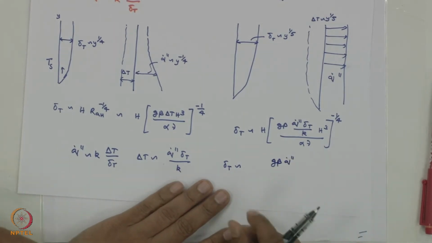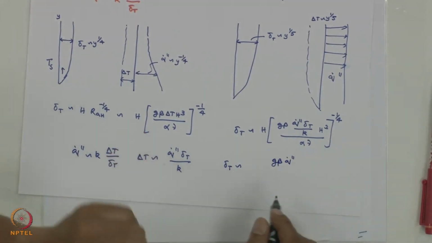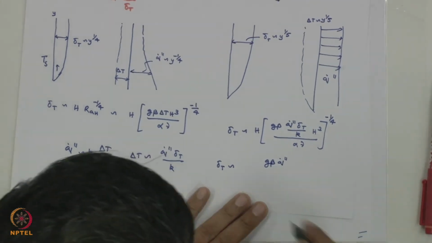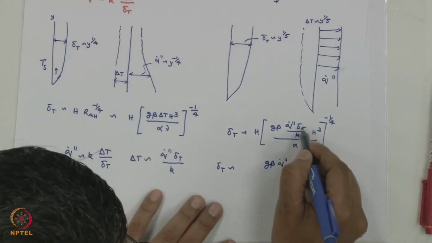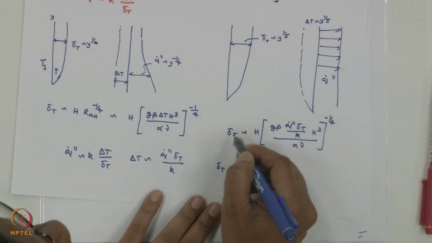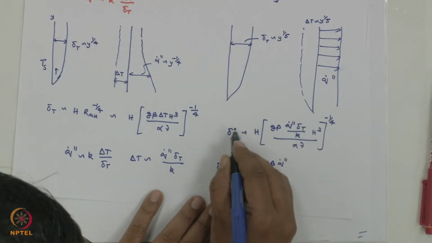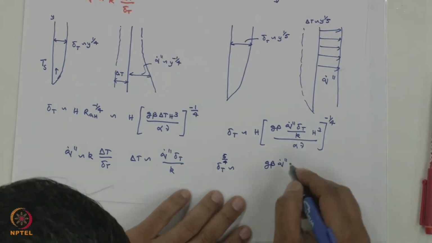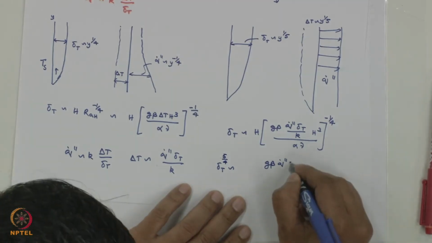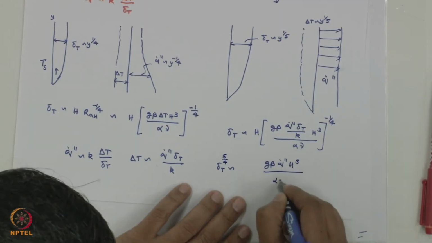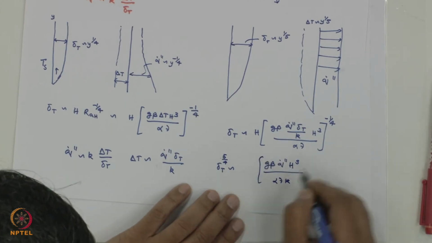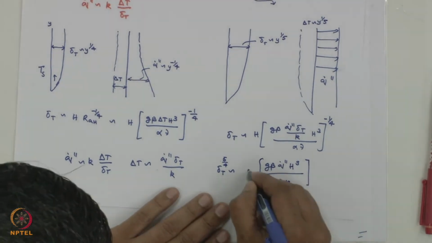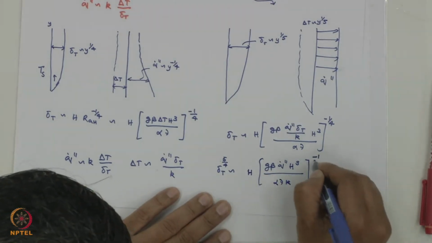What is delta T? Delta T is nothing but my H. So you have Q double dash, this is delta T to the power of minus 1 by 4. If I pull this side, it becomes plus 1 by 4. 1 plus 1 by 4, this becomes 5 by 4. So G beta Q double dash into H cube upon alpha nu K to the power of H to the power of minus 1 by 4.